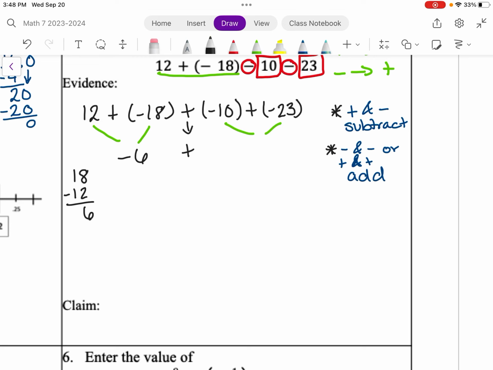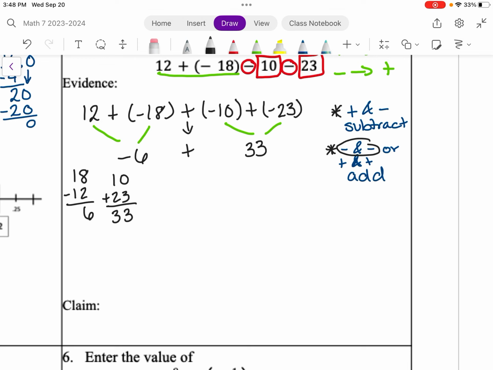Again, looking at my rules on the side over here, I have two negatives. This tells me right here that I have to add. So I have to add 10 plus 23. 0 plus 3 is 3. 1 plus 2 is 3. So I have 33.